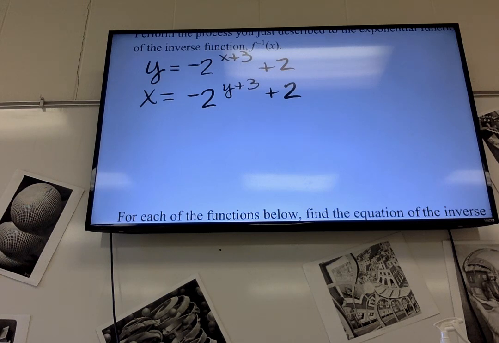So now it's what we were doing before. We're solving for y. So we subtract 2 from both sides. We get x minus 2 is negative 2 to the y plus 3.